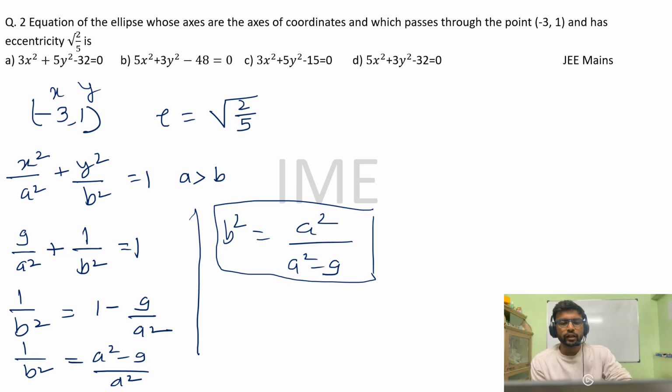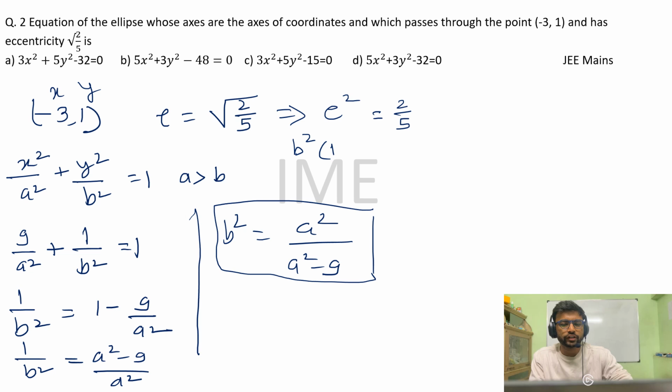Okay. And also we are given e is equal to square root of 2 by 5. So from this we can find e square is equal to 2 by 5, and as we all know, e square is equal to... what we can use over here, where's the pen?